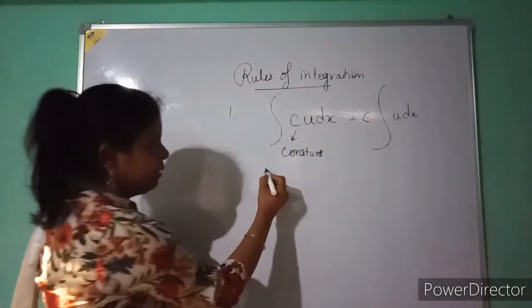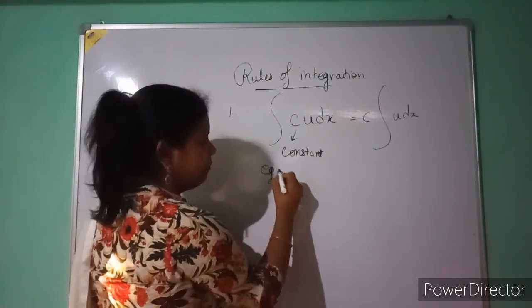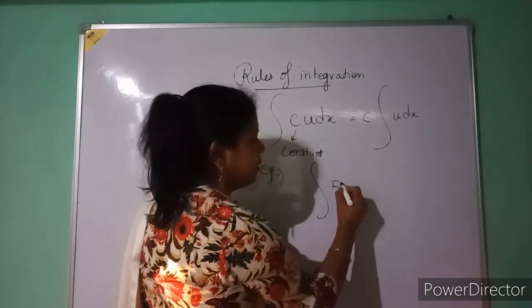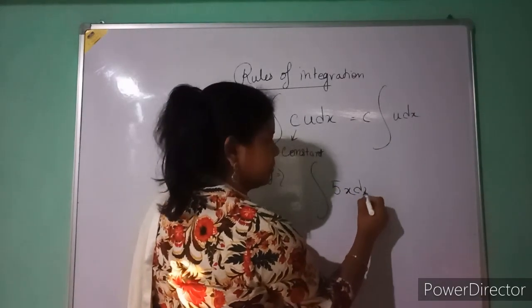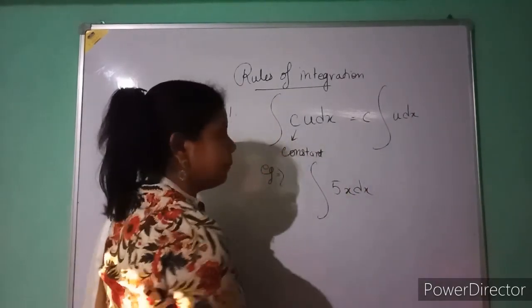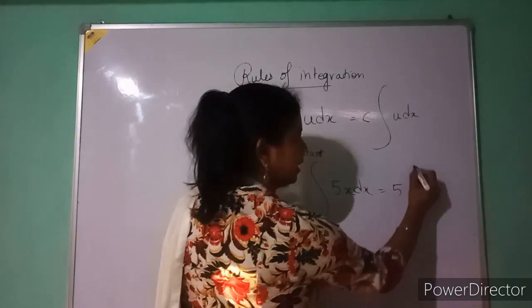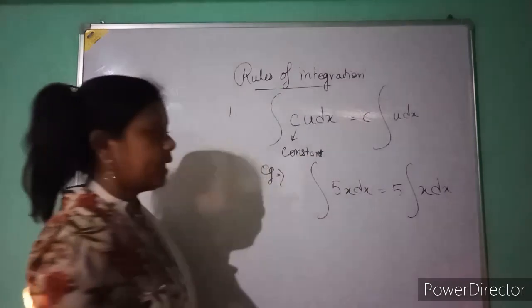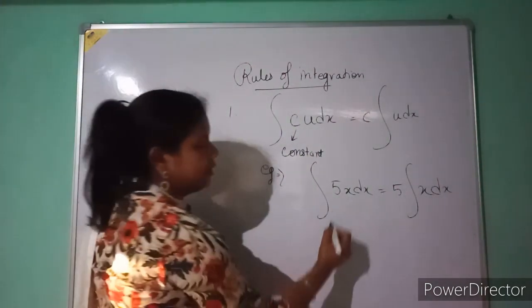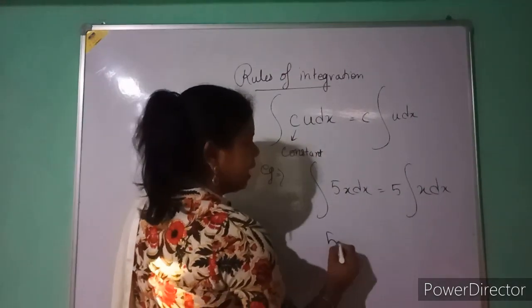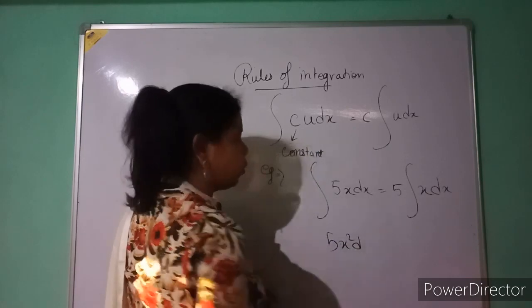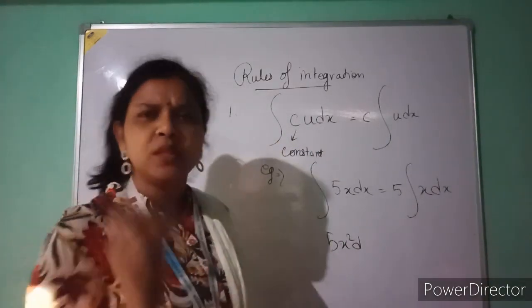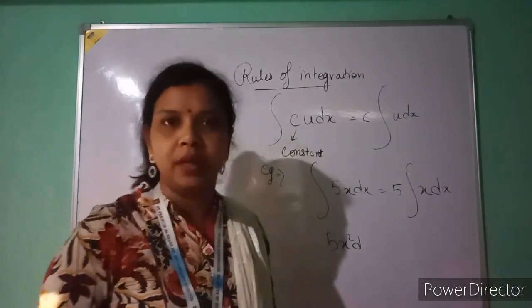Let me give an example. I have written integration of 5x dx. So what will happen here? 5 will come out, then integration of x dx will be there. Don't think that I will write 5 then x square. No, because dx is a small quantity in length that we are taking.